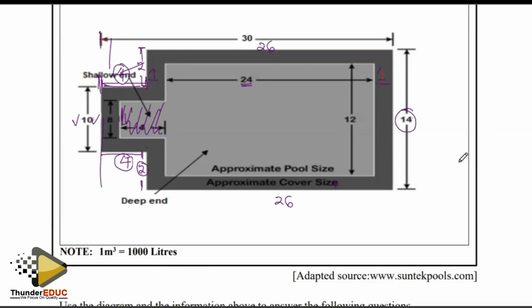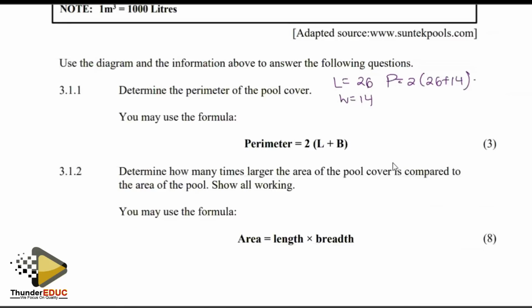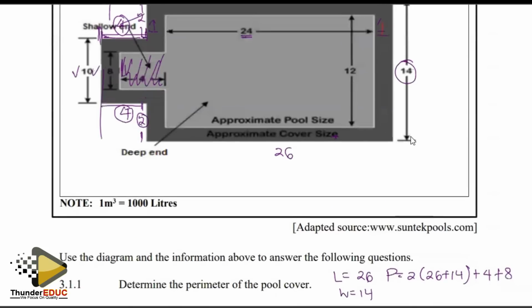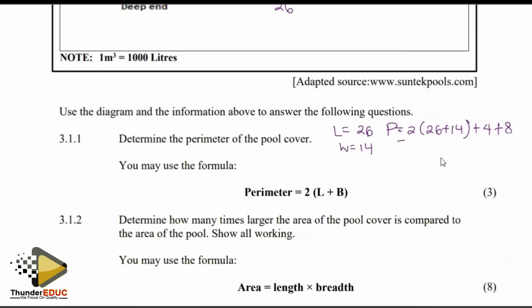So these have to be separate, and we shall say plus the 4 and plus the 8. The 4, these 2. The 8 is from here. So this simply meaning it's 2 times 40 plus.